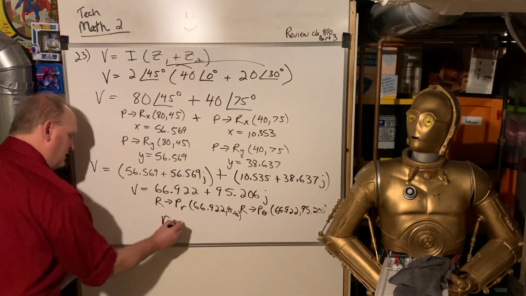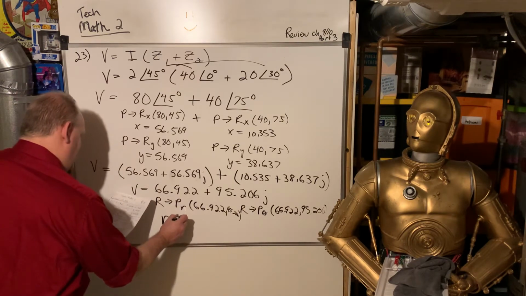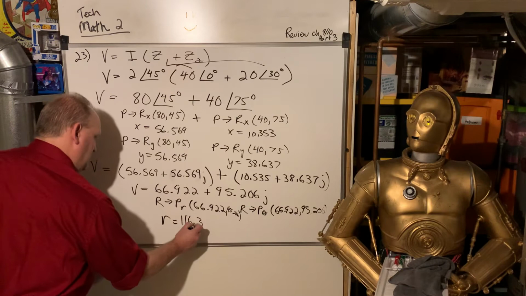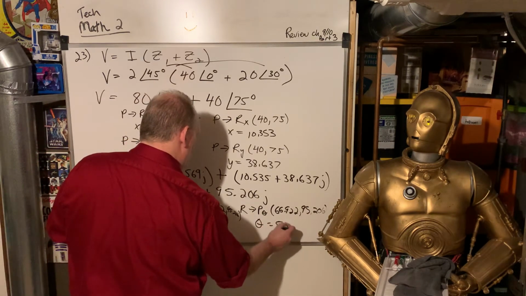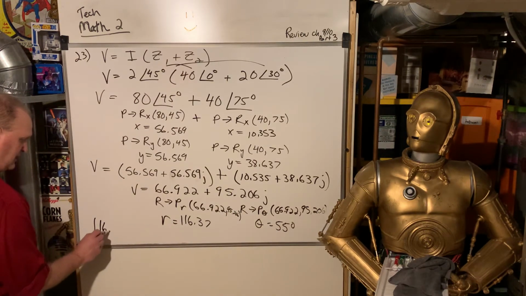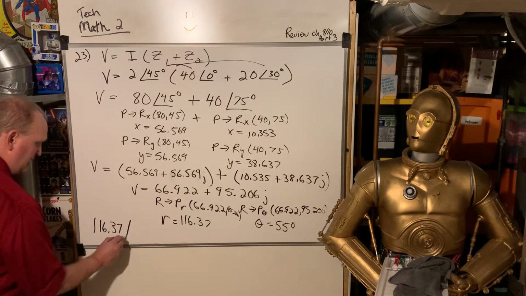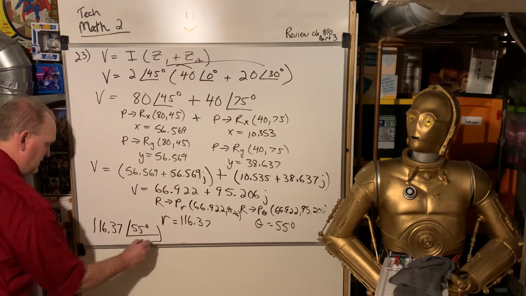Okay, so R then is equal to 116.37, and theta rounded to a whole number is equal to 55 degrees. So our final answer is 116.37, and then that crazy big angle sign, 55 degrees.